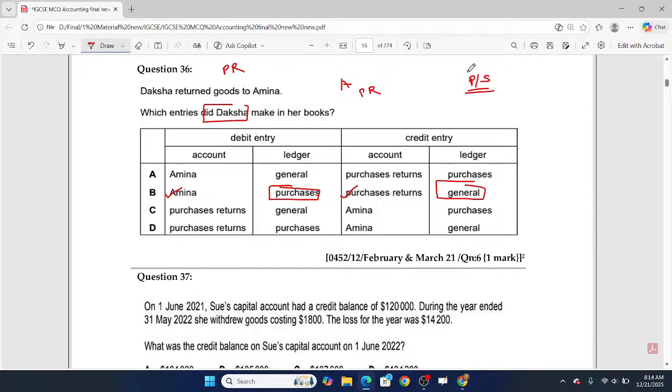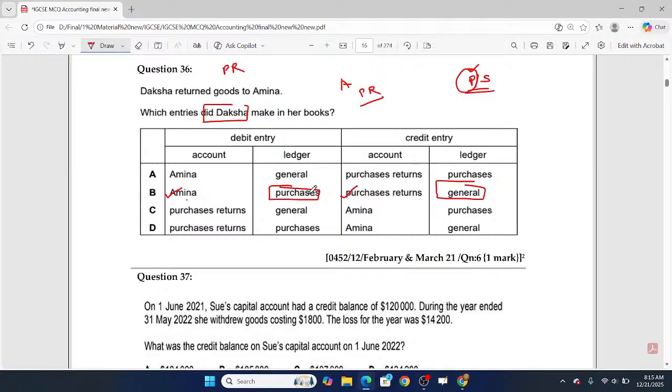As we made a purchase, it might have been posted in the purchases book. On return, it will be adjusted only in the purchases ledger book, not the general ledger. So Amina debit is correct, purchase return credit is correct. But which ledger account it goes in will be the matter. In case of purchase return, it will affect only the purchases ledger.